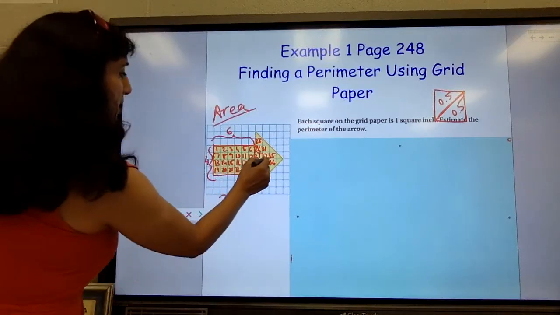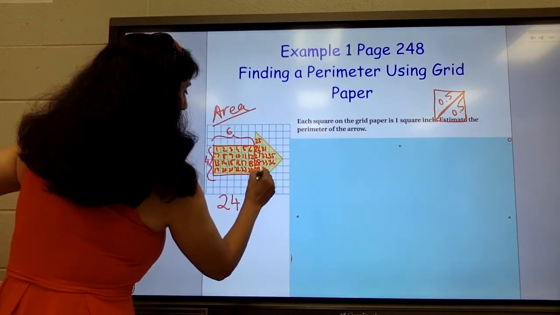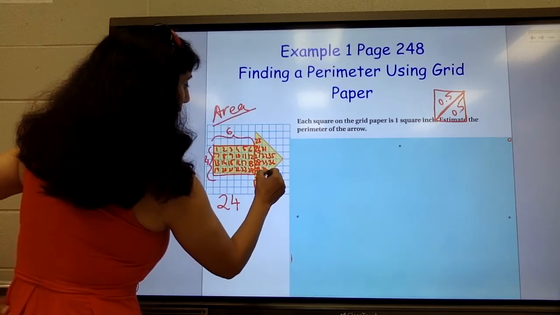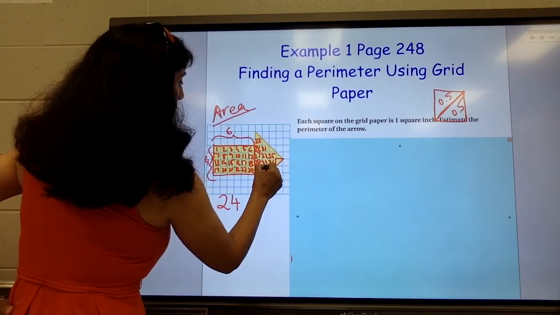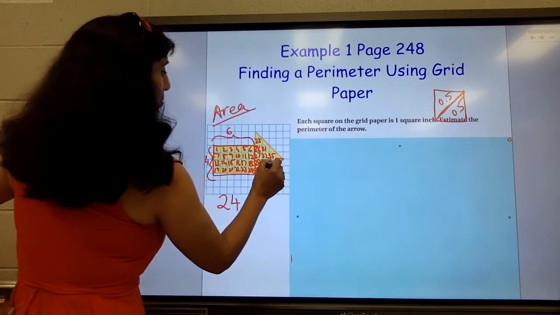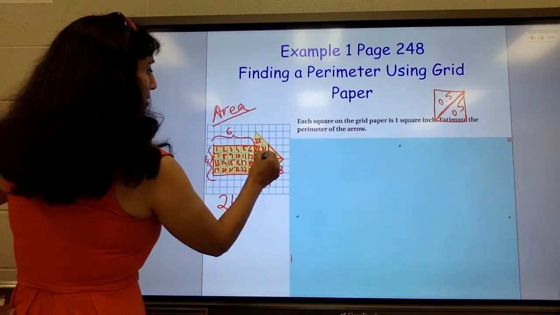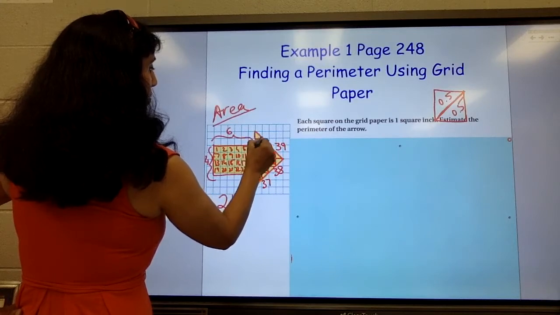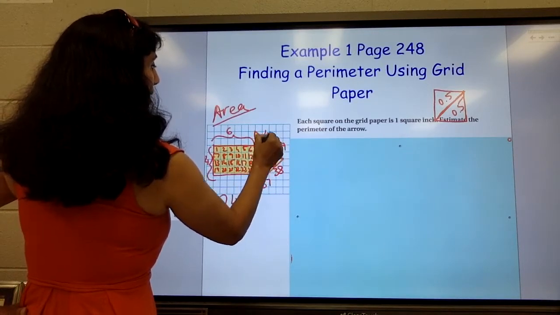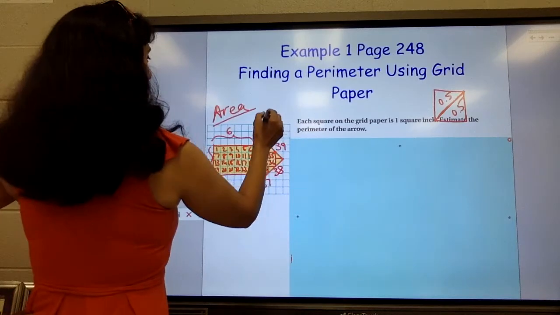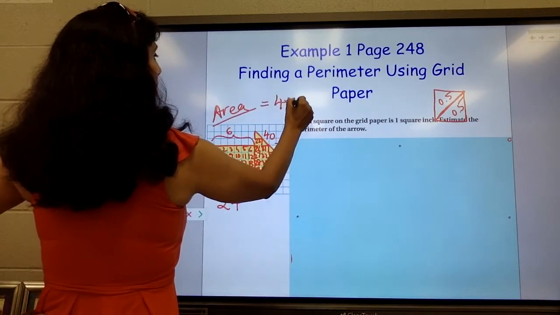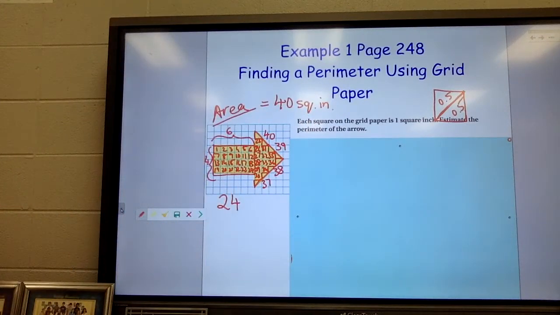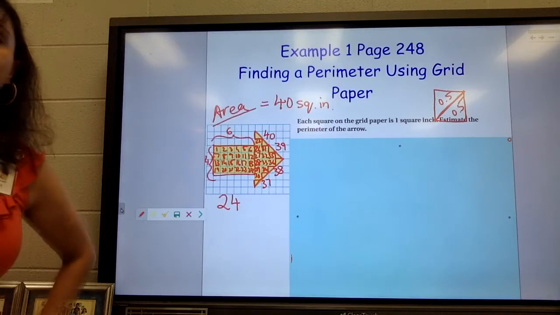So if this is 36, these two here, this one half and this one half, this is going to be one whole, that's 37. These two here will make 38 because two halves make a whole. And then these two here will give me 39. And then these two here, that's going to be one whole, so that is 40 square inches.